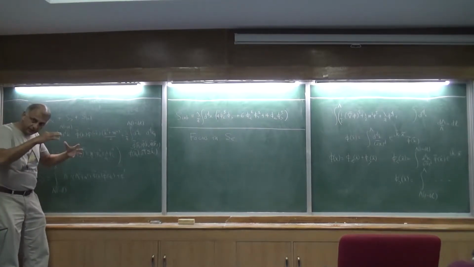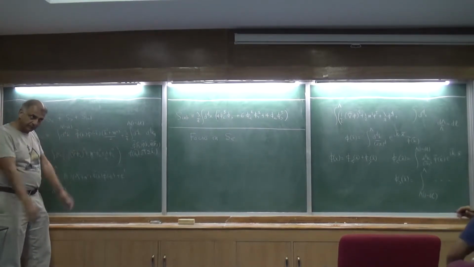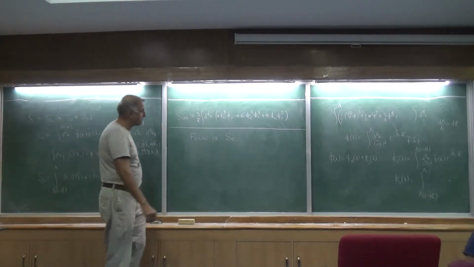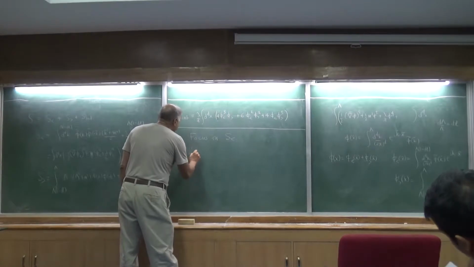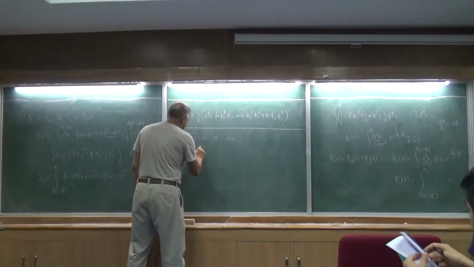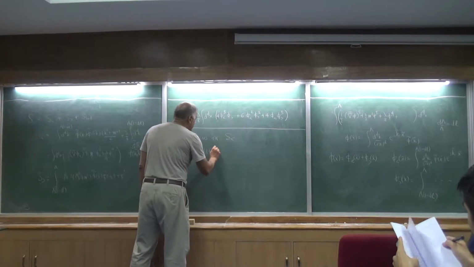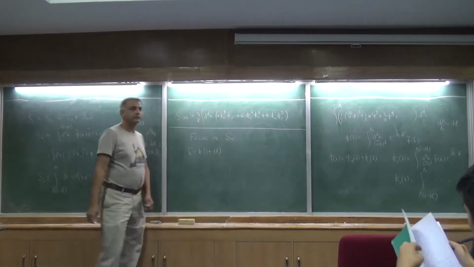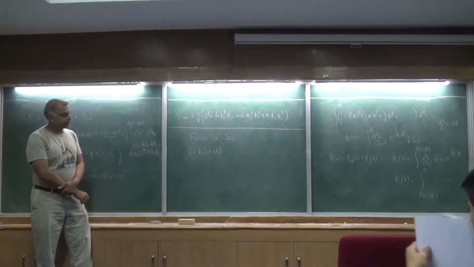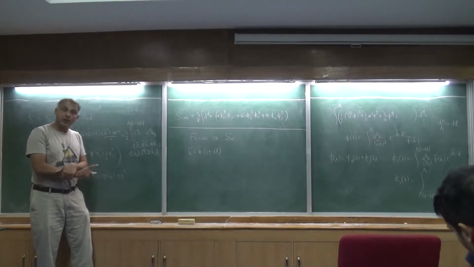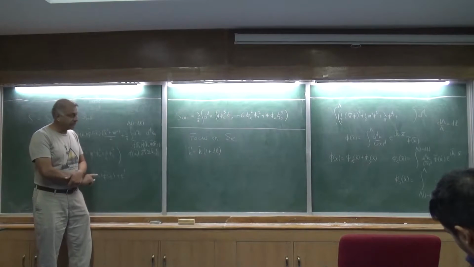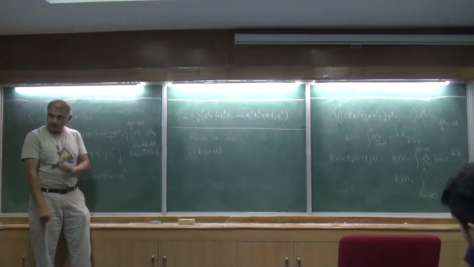So I'm going to rescale this now to make it a cutoff of lambda. Let me define for you a k prime that looks like k times 1 plus dl. So when k goes from 0 to lambda times 1 minus dl, k prime will go from 0 to lambda. dl is a tiny number.